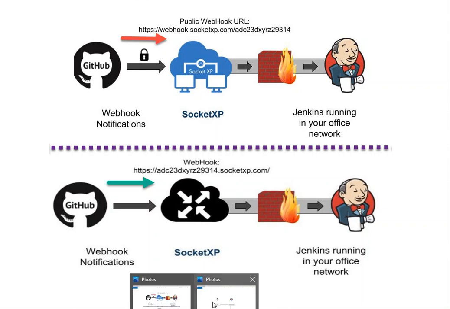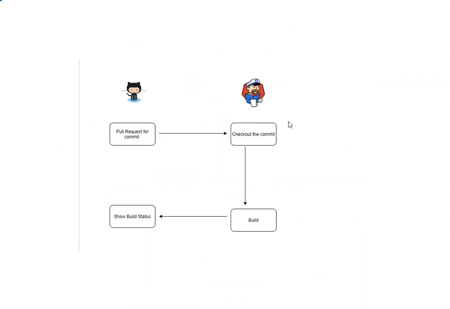Let me open another diagram. So Jenkins uses a webhook. A webhook is a way for an application to provide other applications with real-time information.